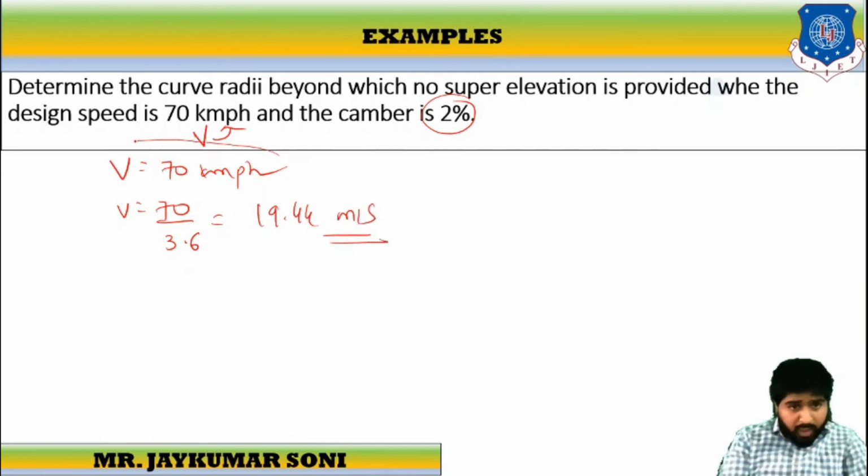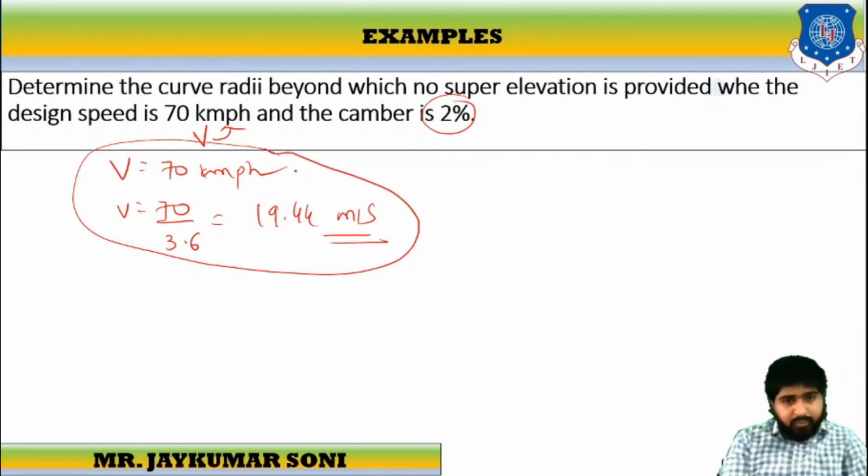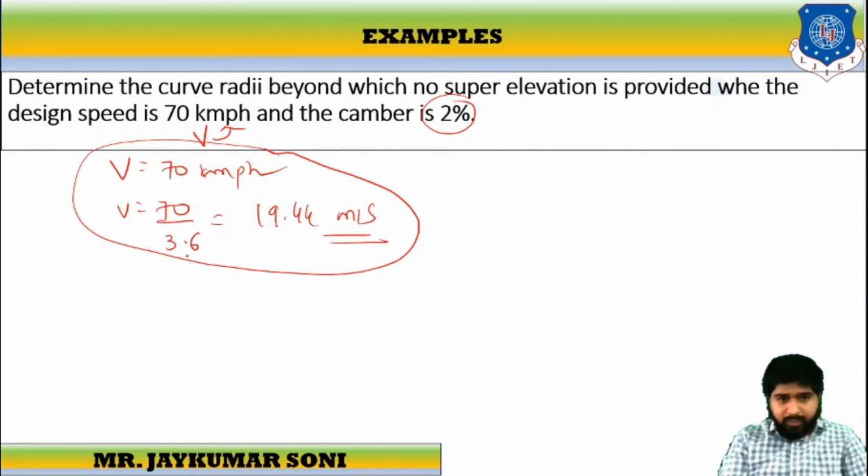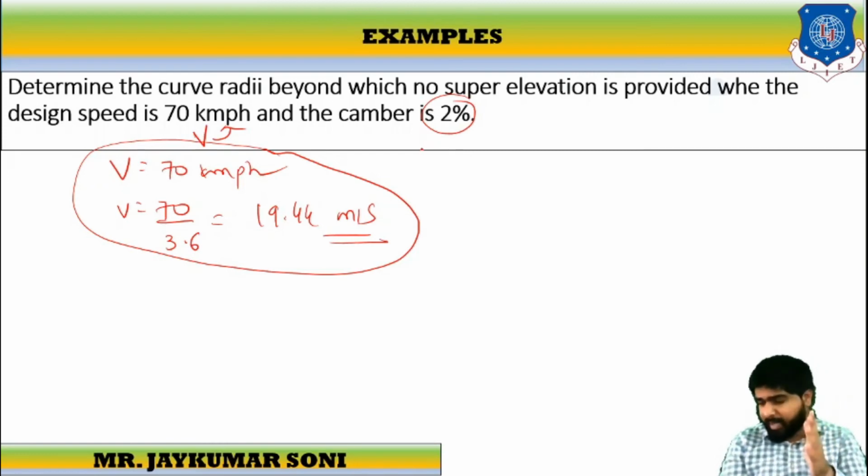Now, it is not mandatory to do this, but I am doing this to make you understand the conceptual knowledge that you have to know. You need to know that in order to convert kmph to meter per second, you have to divide it by 3.6. Now what we have to do is calculate the curve radius, if super elevation is not provided and design speed is 70 kmph, camber is 2%.